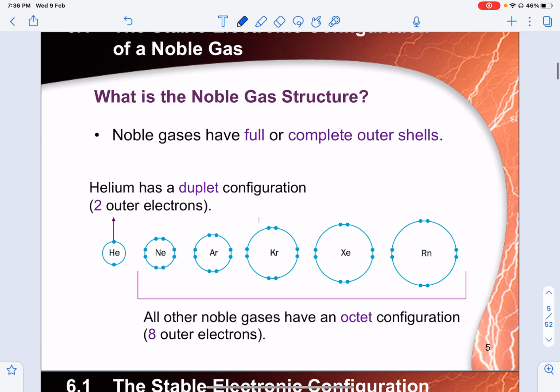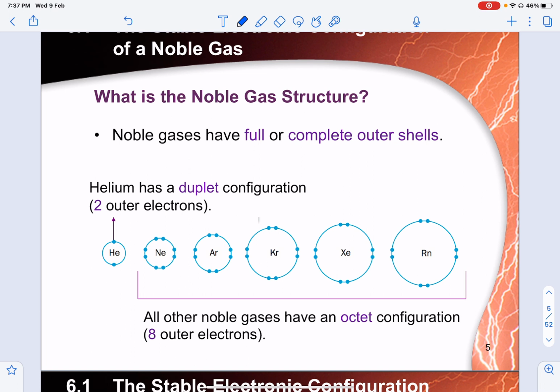So noble gases tend to have a full or complete outer shell. Now, the insides are already full, because in order to move to the next shell, you have to have a complete inner shell.